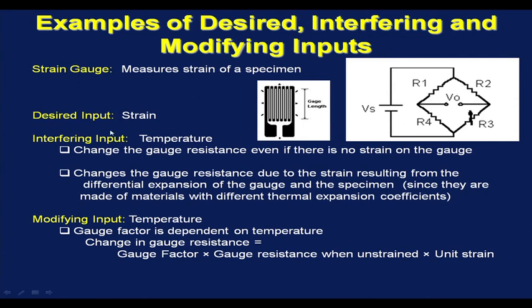So, the desired input here is strain. The strain gauge has been designed to be sensitive to strain. But the temperature can act as an interfering input, because temperature can change the gauge resistance even if there is no strain on the gauge.